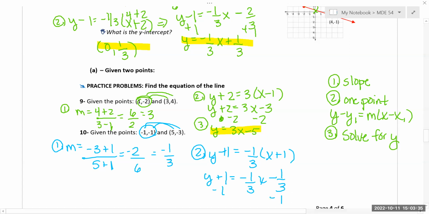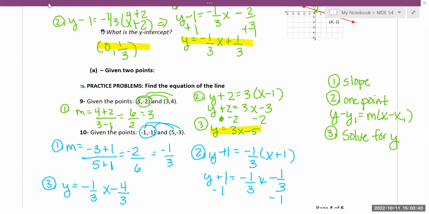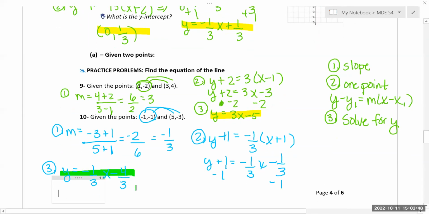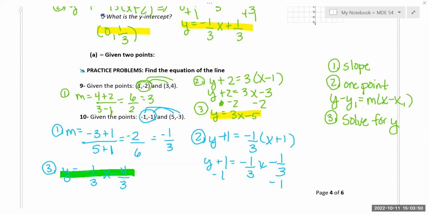Make sure you're doing your combined fraction work. y equals -1/3 x minus 4/3 for your answer. Okay. And then that concludes this topic for this video.